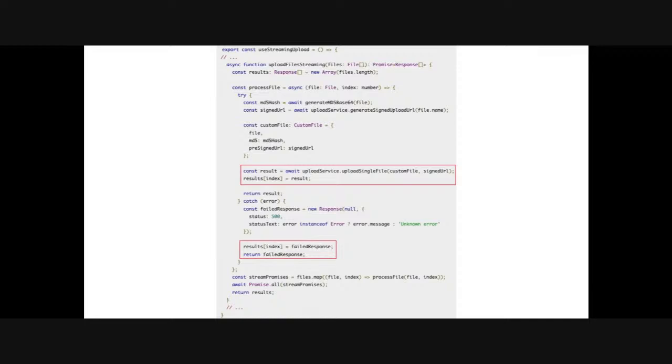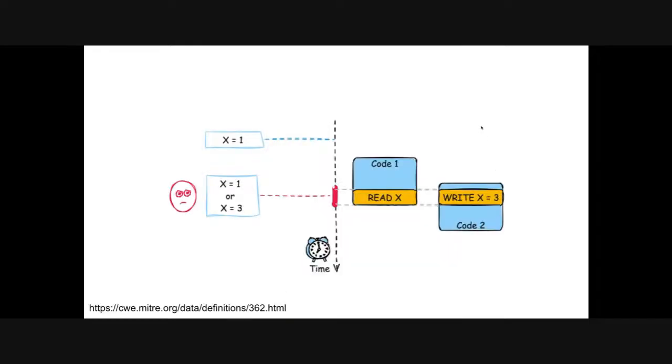So if I am processing multiple files as promises, maybe when I'm trying to get that result, it can get in the way of another process that is also trying to access that memory. And that's a common problem when we have things working at the same time. We are trying to read something that maybe is being written by another process.